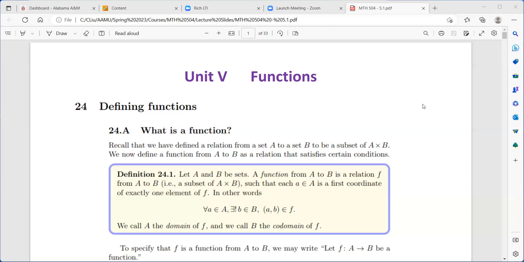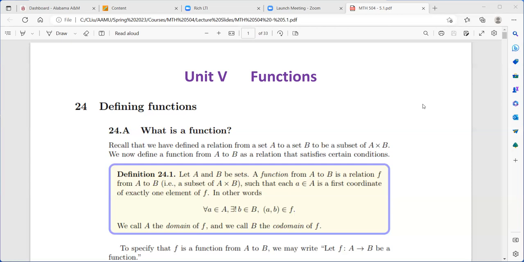So the first question is, what is a function? We already learned x and y, a pair of numbers. We call it coordinates, and a function is a relation in which only one y coordinate is paired with any x coordinate.